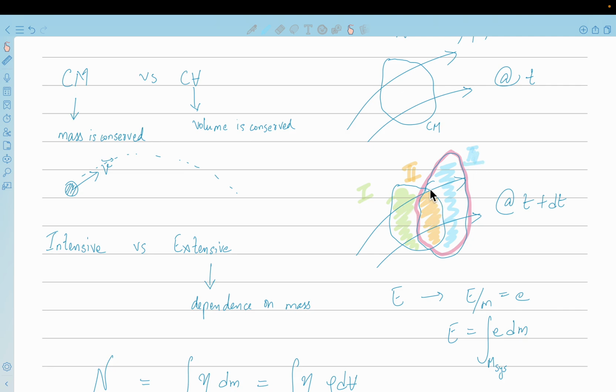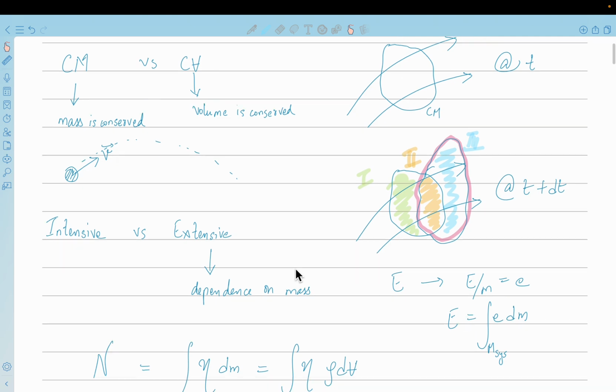So whatever is the overlapping region between this time instant t and t plus dt, that is the only region where there is any overlap. So we are going to call it region 2, and these are regions 1 and 3.